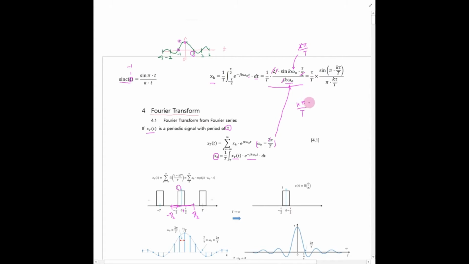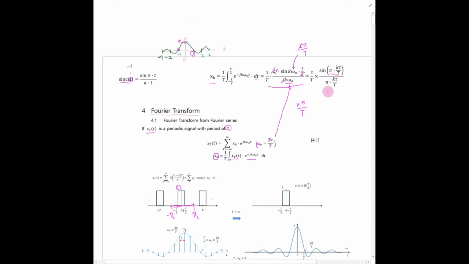To make it a sinc function, you know the sine argument: the pi is here, the k tau is shown here, and T is shown here. So this is the sine argument. To make a sinc function, we need to multiply by tau here and divide by tau here. Then it looks like this.